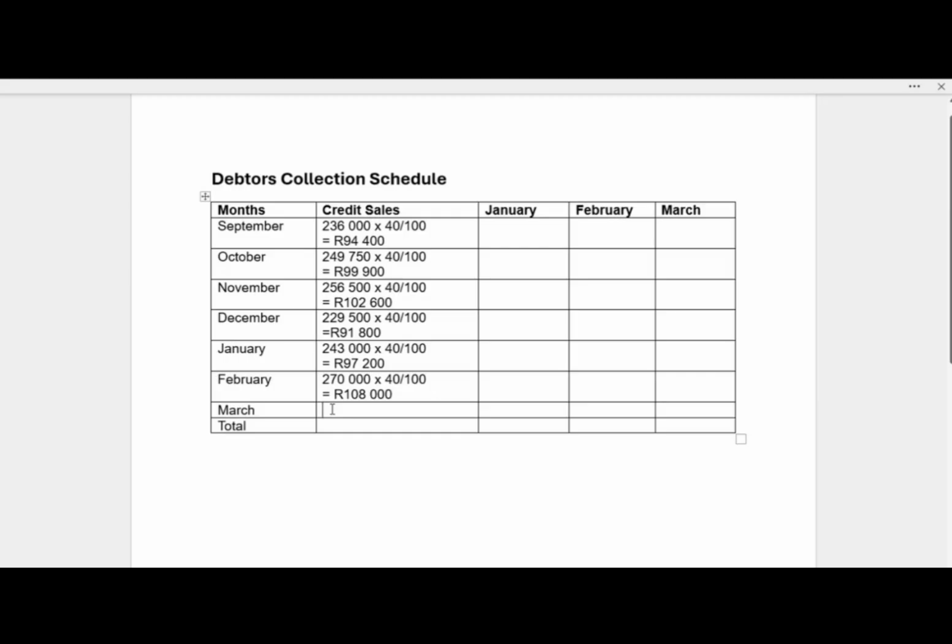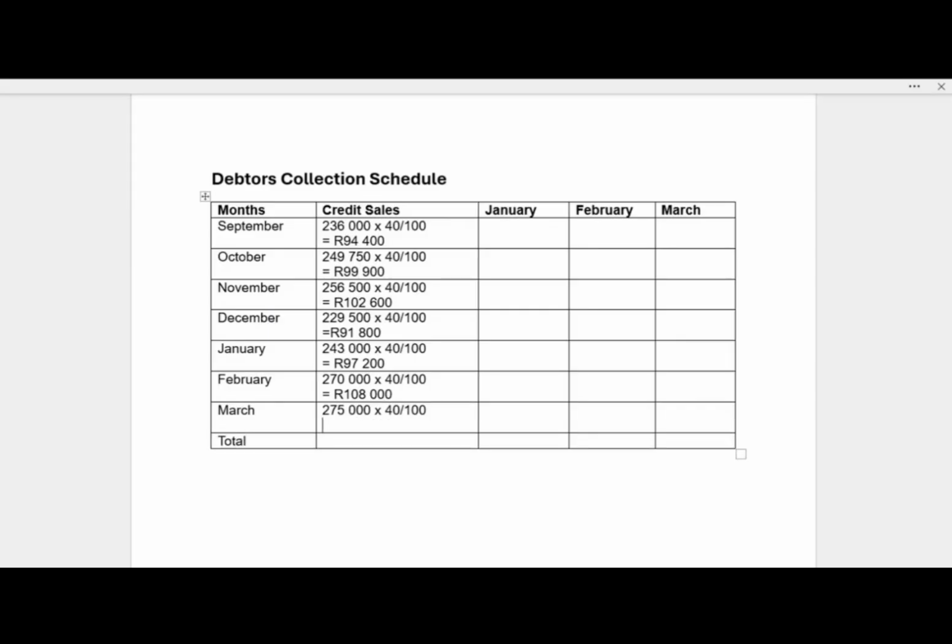All right, and then I go for March. In March, it is 275 total sales, so it's going to be 275,000. You multiply by 40. You divide by 100.